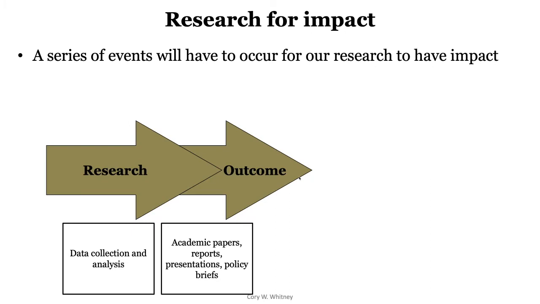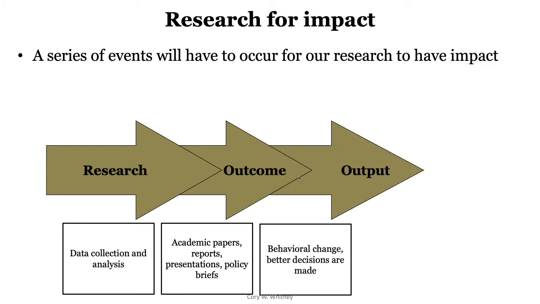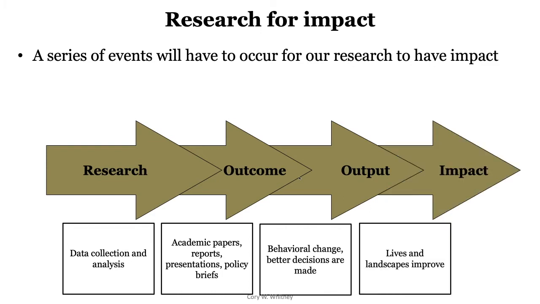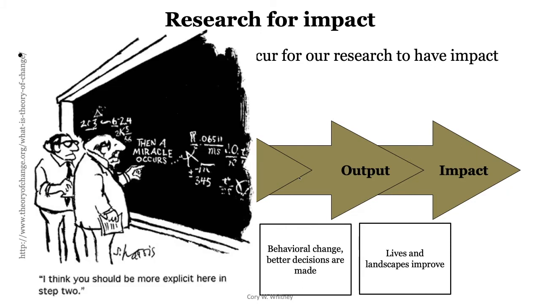We have outcomes from this research, often in the form of academic papers and reports, presentations and policy briefs. We have outputs from this, which is the ideal situation: there's behavior change, different decisions are made because of those outcomes from our research. And we have impact, ultimately lives and landscapes. Something improves in the real world.